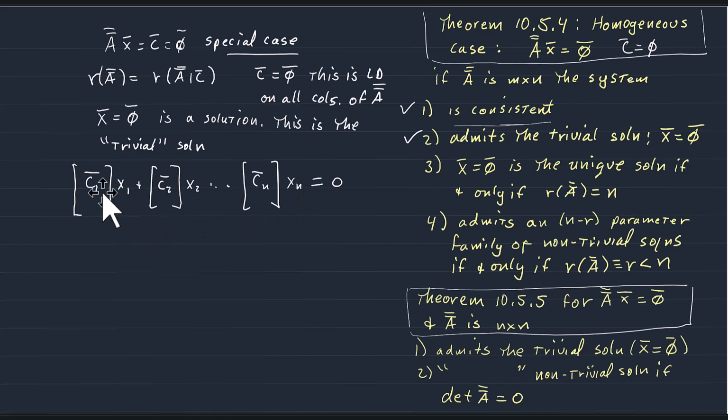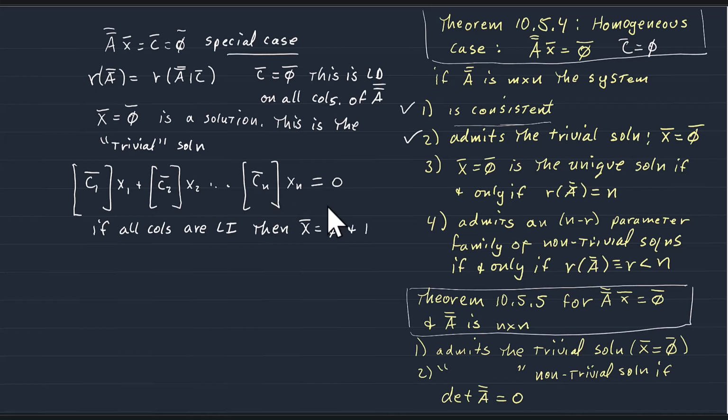Okay, so if all the columns are linearly independent, then we know that all the x's have to be 0 for the right-hand side to be 0.